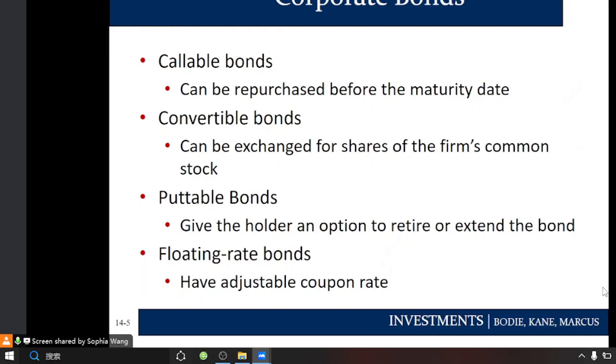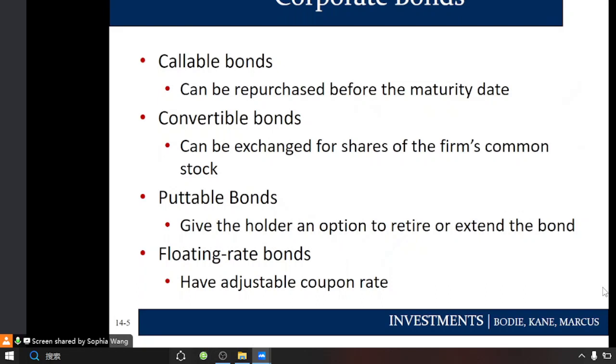Convertible bonds means one company may issue the bonds and the stock at the same time, like IBM issuing stocks and bonds at the same time. If the current environment is very good, then I prefer holding stocks, not bonds, right?